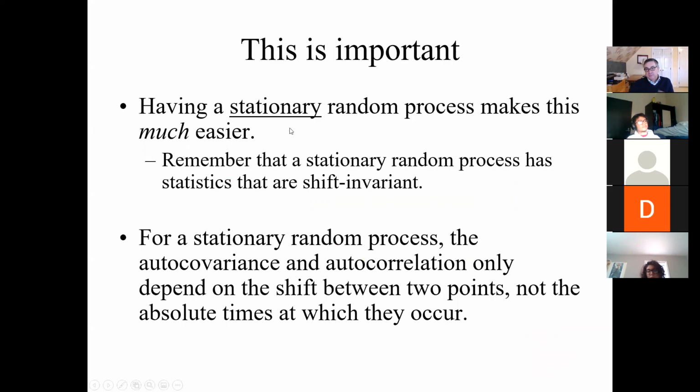But this is where stationarity comes in, okay? This makes things much easier because the statistics are shift invariant. So for a stationary random process, the autocovariance and autocorrelation only depend on the shift or time difference.